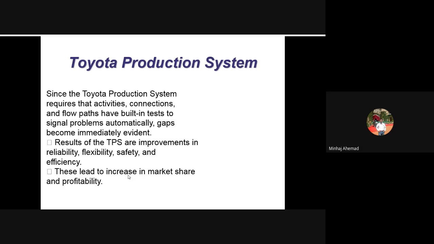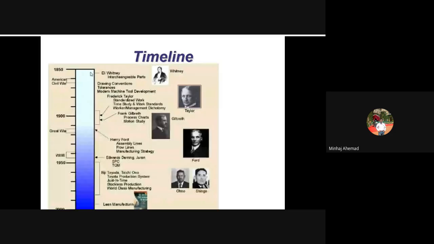This leads to increase in market share and profitability. In 1915 selective assembly and interchangeability concepts were invented. Then as time passes, Henry Ford, Taylor, Gilbreth, and then there comes lean manufacturing by these two gentlemen.